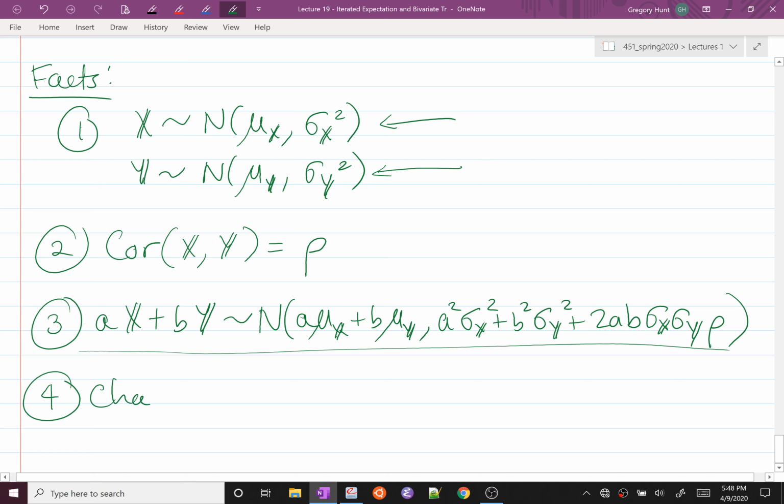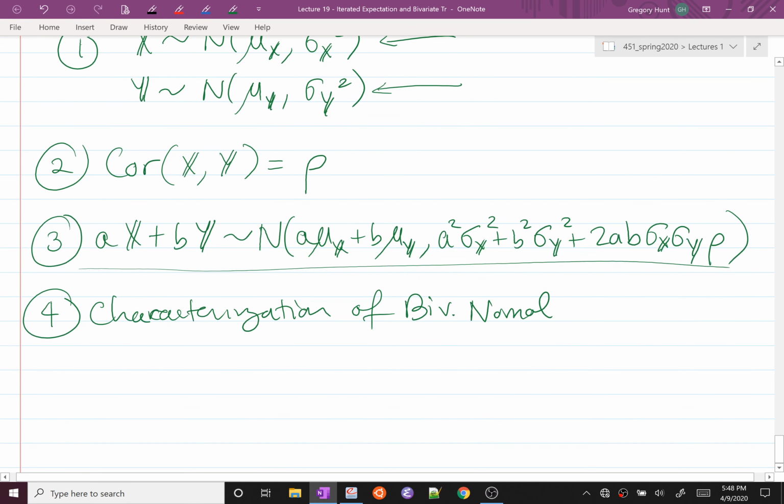This characterization of bivariate normal is the converse of the above theorem. What I mean by this is that it's an alternative way to define the bivariate normal.